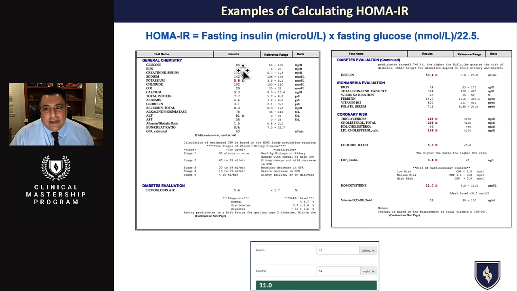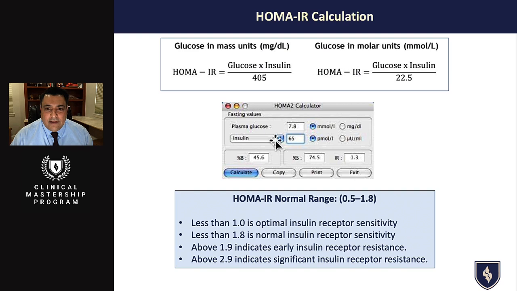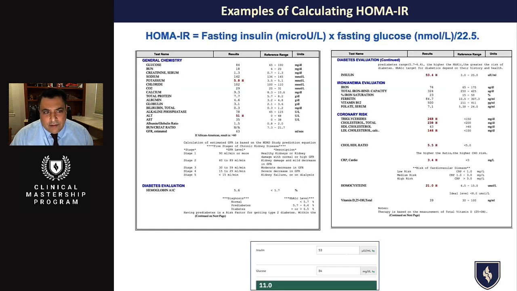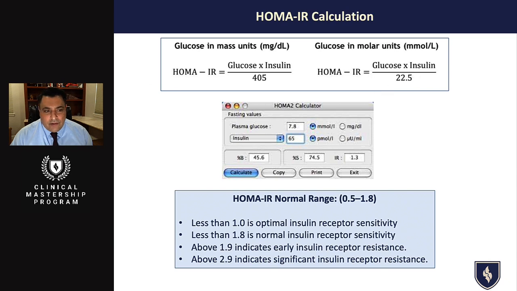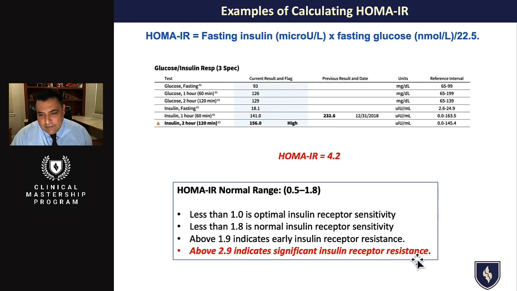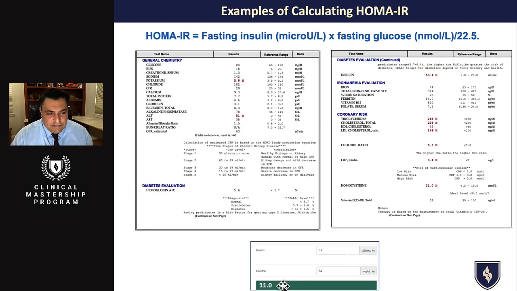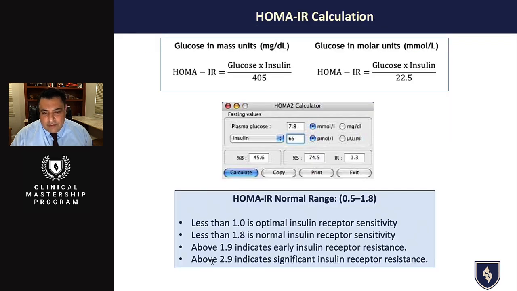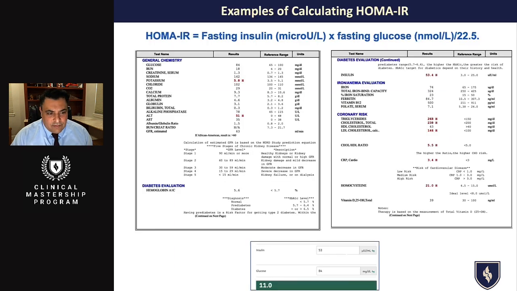Then if you put 54 and 84 into these calculators that can calculate the HOMA score based on these ratios, the score would be 11. So remember, anything that's above 2.9 indicates significant insulin resistance. So this is 11, which is above this reference range, above 2.9, which is significant insulin resistance.